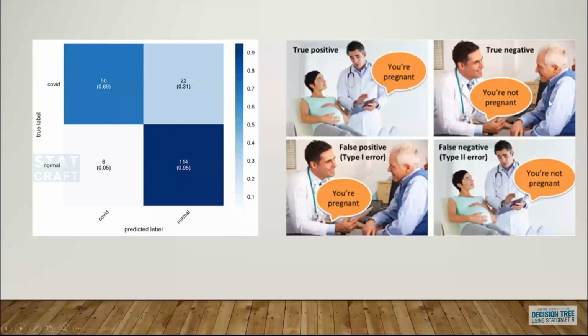You are pregnant. False positive, right? You are not pregnant, right? So false negative. Is it clear? True positive, true negative: these two are correct classifications. These two are wrongly classified cases. Now on that basis, all our statistics will be generated.